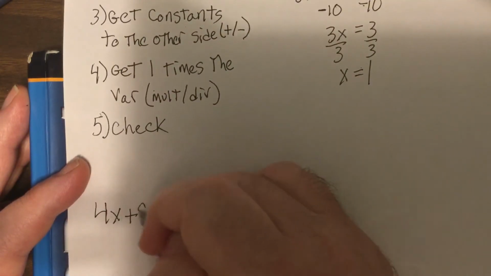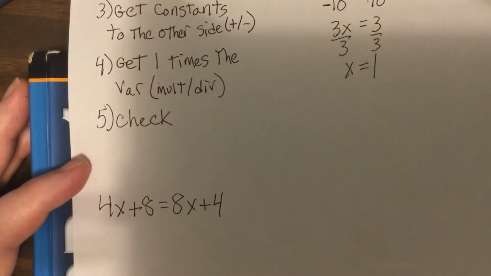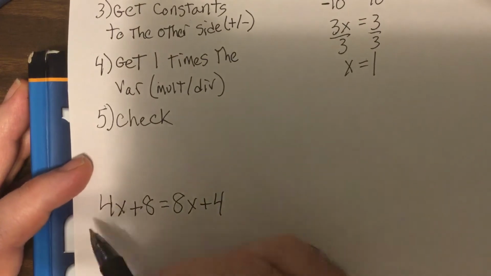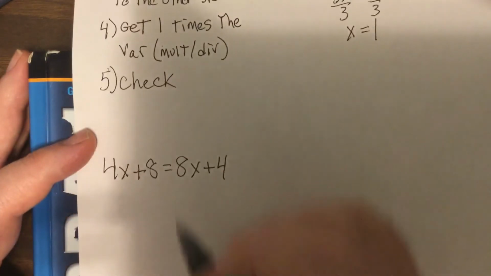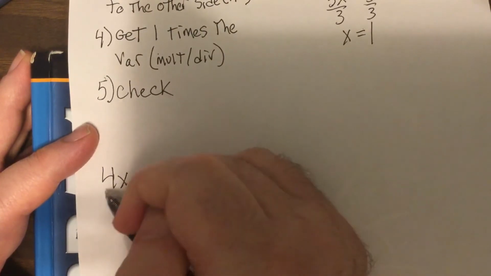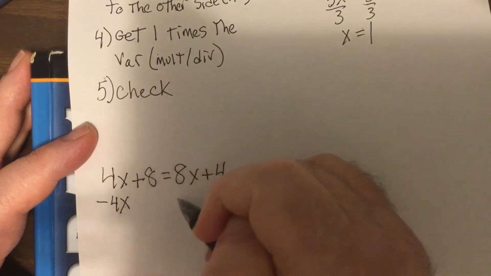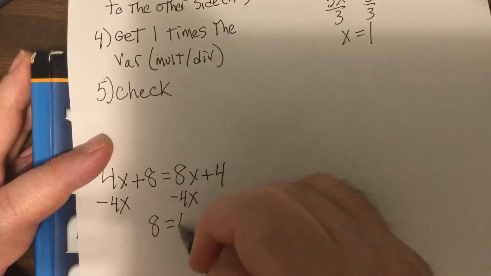4x plus 8 equals 8x plus 4. So, simplify, that's step 1. Then I'm going to subtract 4x to get the x's all on one side.